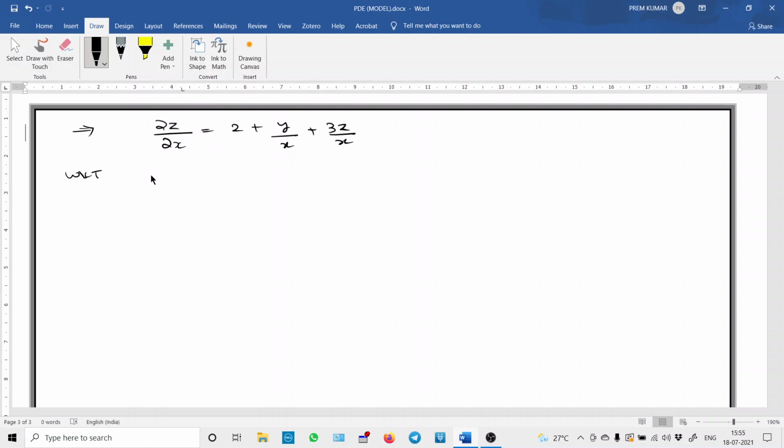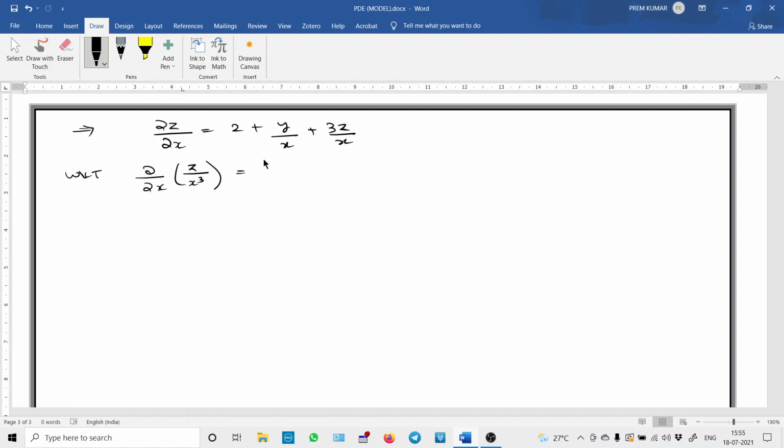Now, with the substitution method, we are going to do something a little different from the previous problems. So you see, what is ∂/∂x of (z/x³), the partial differentiation of z/x³ with respect to x?